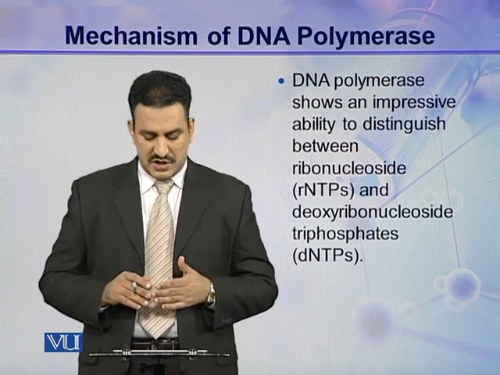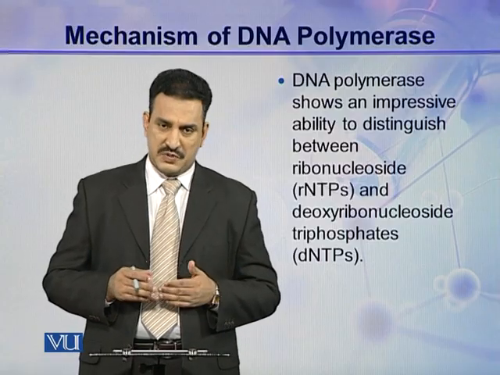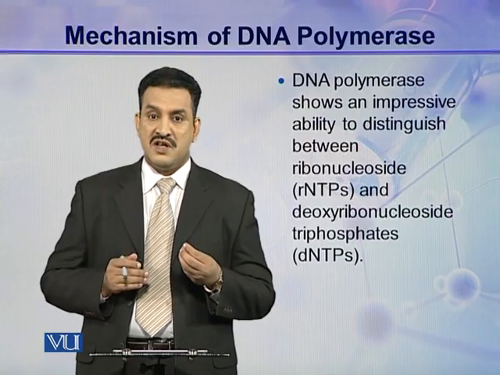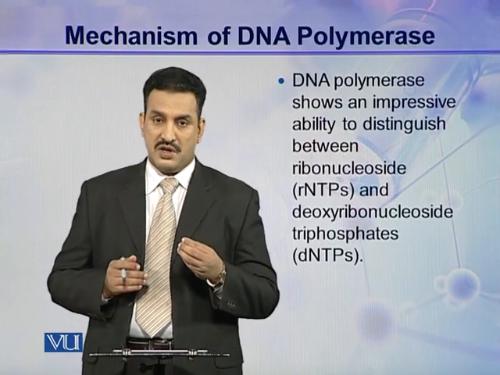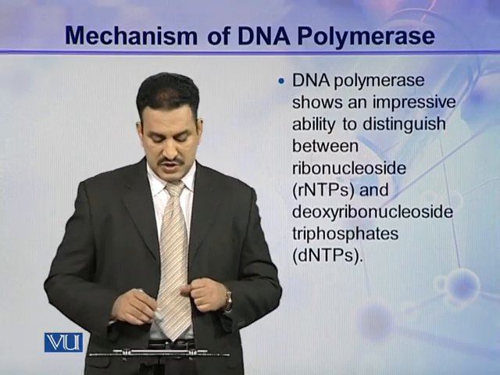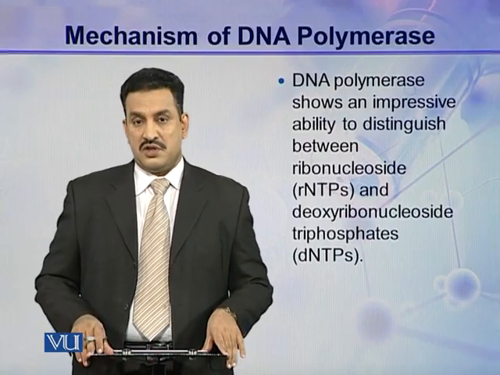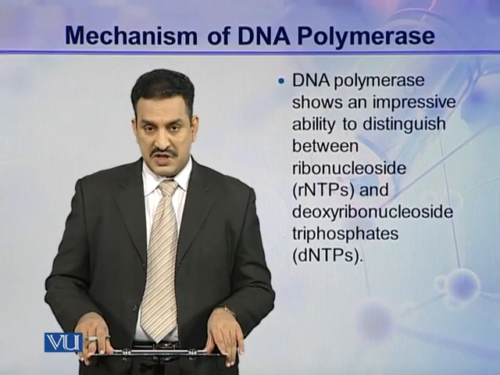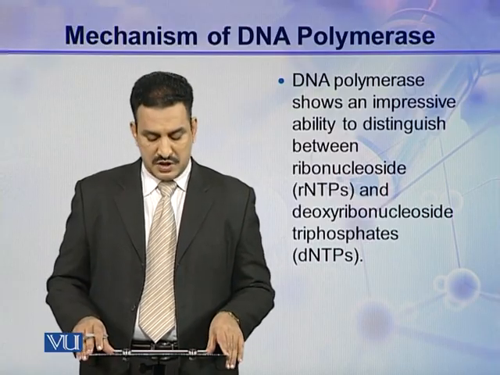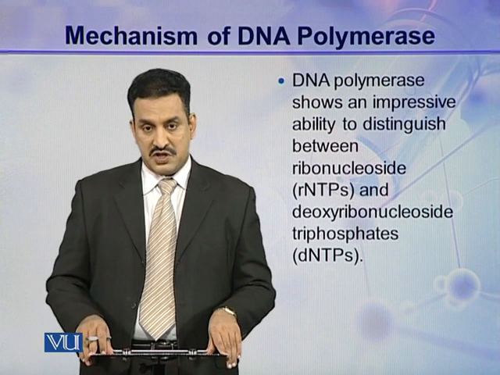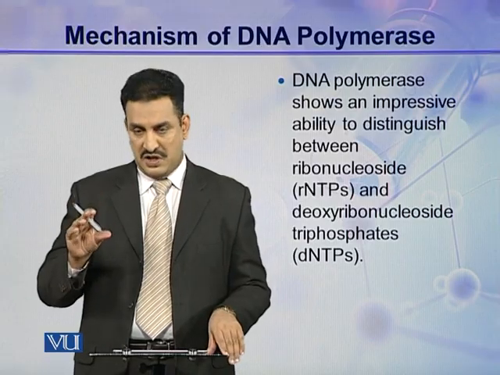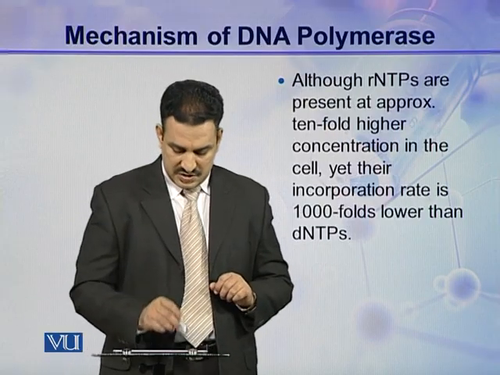As you know, these rNTPs and dNTPs have a very slight difference, only one O is present between these rNTPs and dNTPs. So there are chances that an rNTP can base pair with the template instead of a dNTP, but DNA polymerase has a very good ability to distinguish between rNTPs and dNTPs.